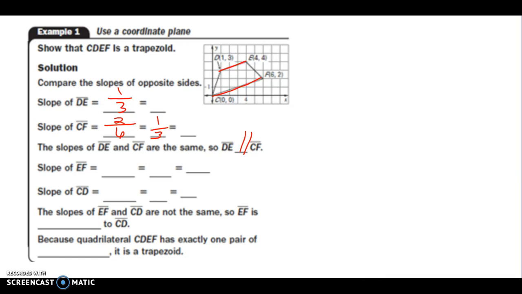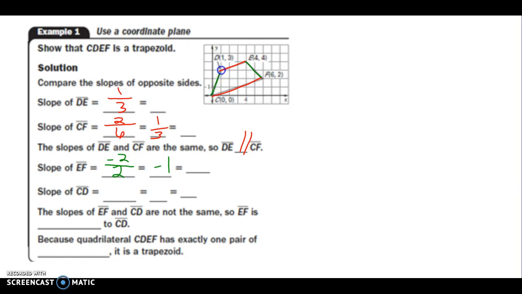We look at EF next. We have a negative slope, so how far do we rise down? 2. So negative 2. How far do I run? 2. Negative 2 over 2 reduces to negative 1.